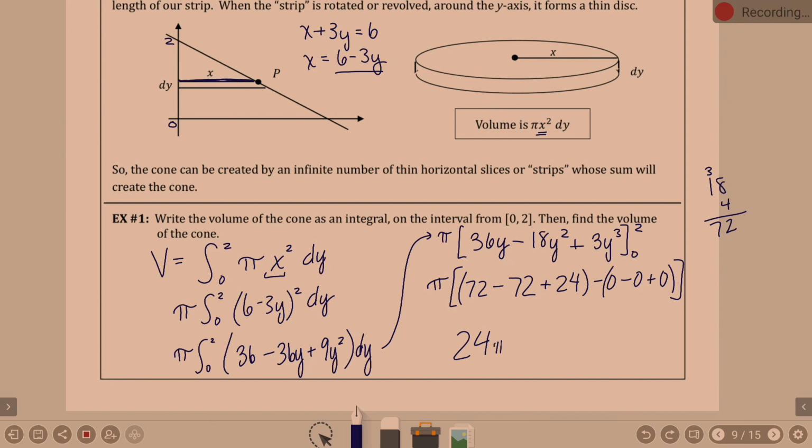It didn't say no calculator. It's always a good thing to practice our non-calculator skills, right? And in this one, 72 minus 72 ended up canceling out, didn't it? And so the math really wasn't horrible to plug into.